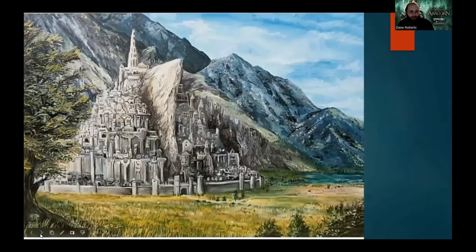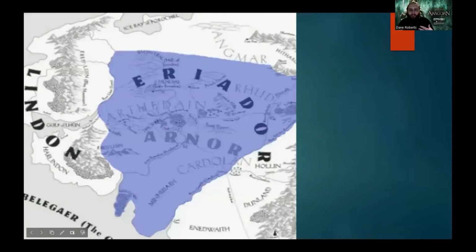So now we're going to come into the last part, and this is going to be a pretty quick little part. The inspirations for the countries in Tolkien's realm. First, we're going to come on to Gondor, as well as the northern kingdom that's considered a sister kingdom to Gondor, Arnor, however you want to pronounce it.